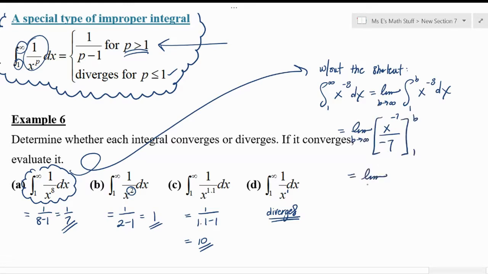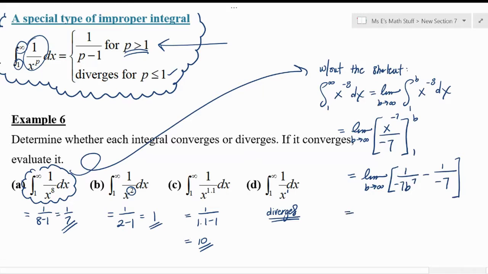And then I'm going to plug b in here, and I'm also going to fix the negative exponent. So we'd have 1 over negative 7b to the 7th minus 1 over, now plugging 1 in, we just end up with negative 7.